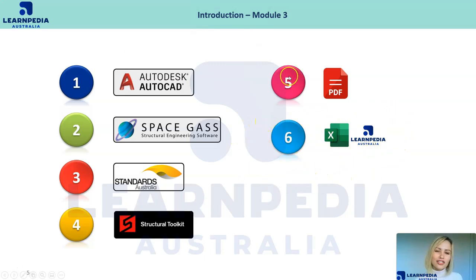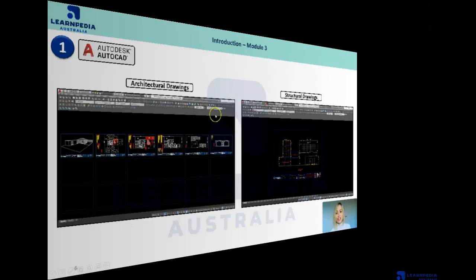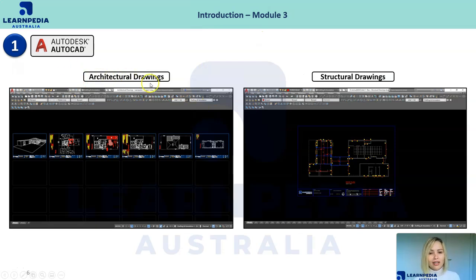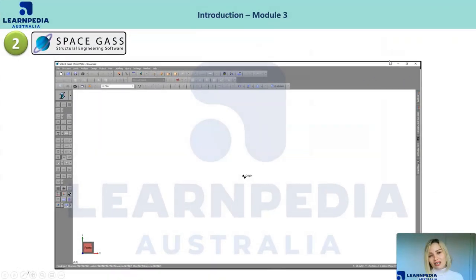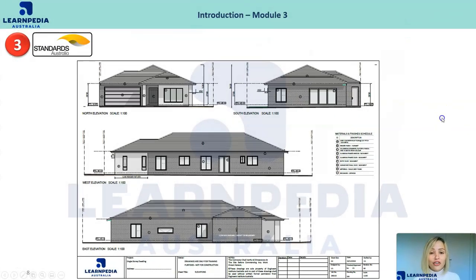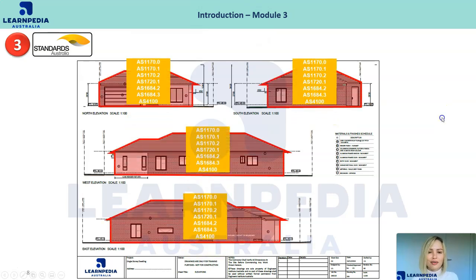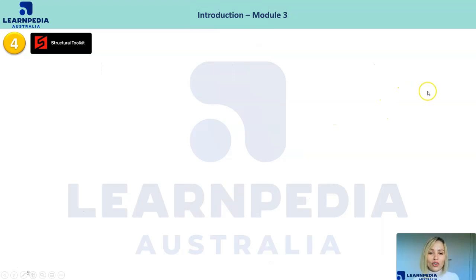Now let's briefly go through the software packages. As I said, AutoCAD, we'll be using this for architectural drawings and structural drawings. SpaceGASS, I'll be using it for analysis. Standards and codes, obviously everything we design has to comply with the standards and codes.